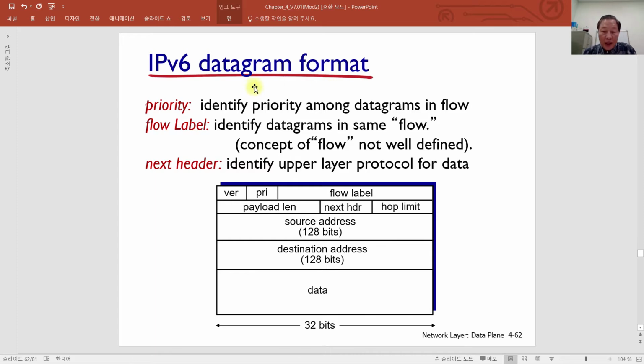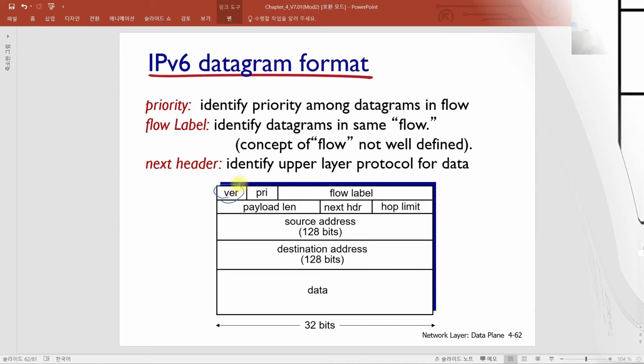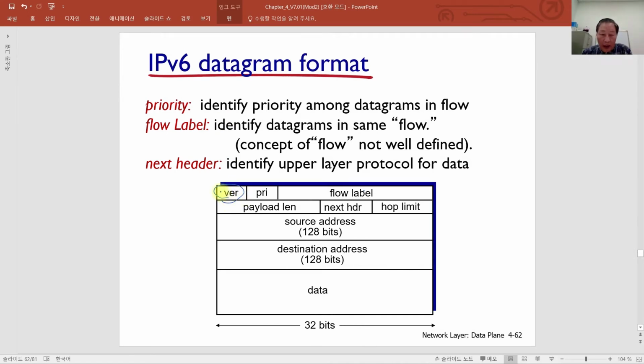Let's look at the IPv6 datagram format first. Okay, this is the version number, and that is 4 bits. If we are using IPv4, then this number is 4. As I explained already, this one is 0100, that is 4 in binary format.